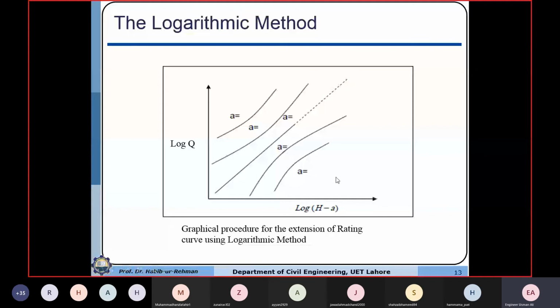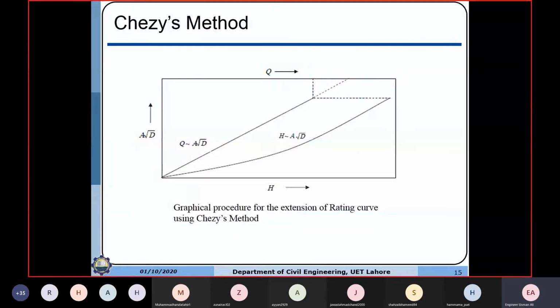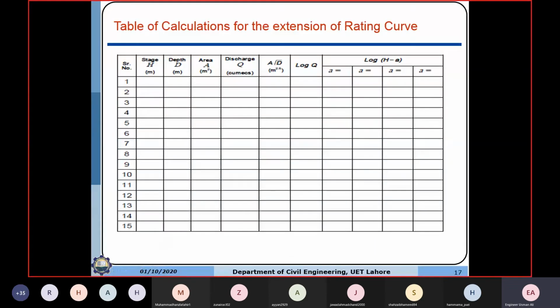For the stage of 4.4 meter, for which the discharge is not mentioned in the given data, you will find out log of H minus A for that value of A which has given you the straight line.